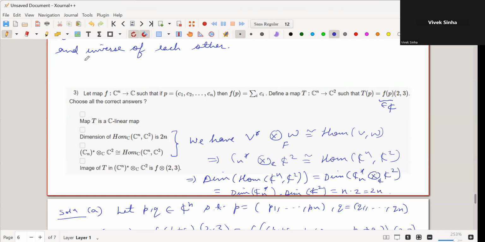Okay, so B and C are also correct, right? So the fourth part again needs some calculation.